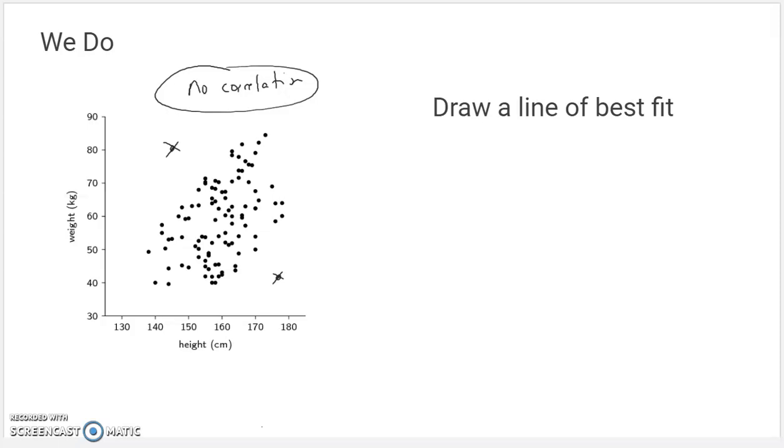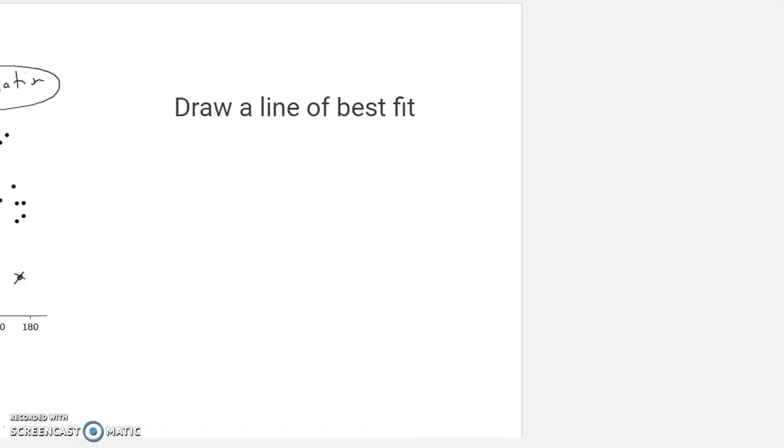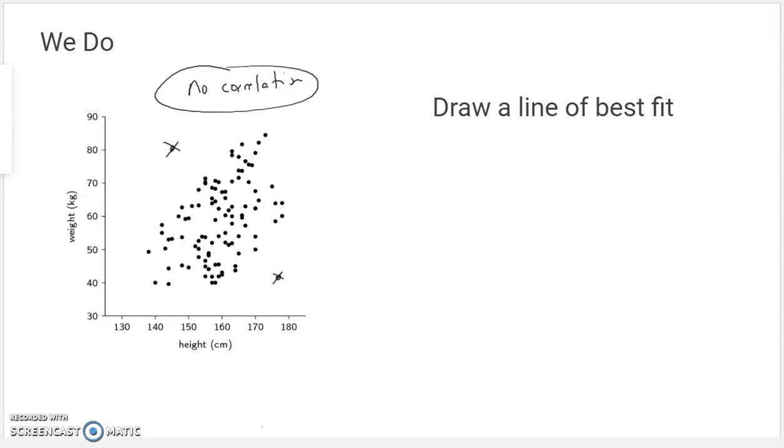And I think now, if I exclude those two points, I definitely see a correlation. Generally speaking, height and weight seem to be correlated. The taller someone or something is, the more that it weighs. And that makes sense to me anyway. Sometimes that's my way to do it too. I think, should I see a correlation here? And if I don't, I get rid of my outliers and make sure I see one.